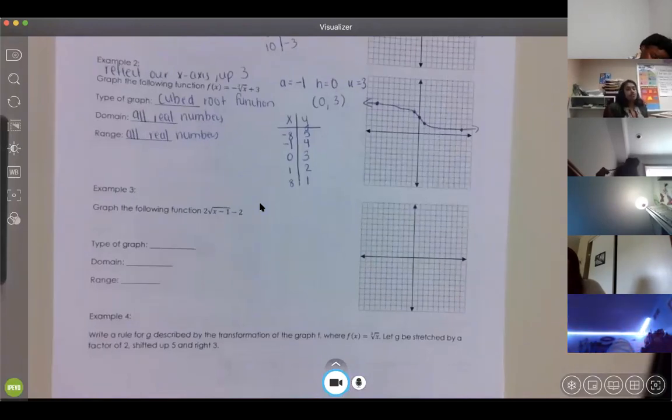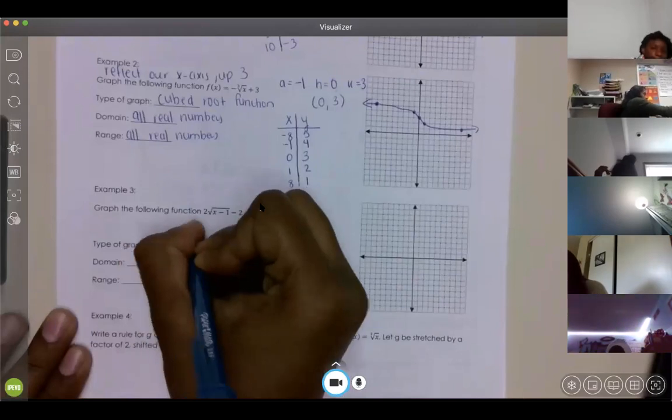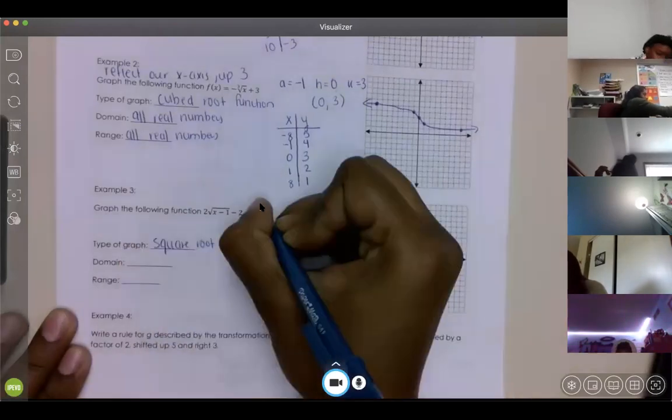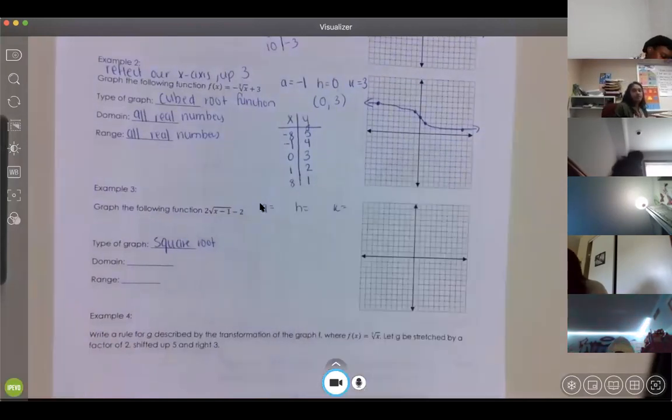All right, let's look at the last example, or last graphing example. Example 3, we've got 2 square root of x minus 1 minus 2. First question, what type of graph do I have, square root or cubed root? What do you think, Venus? Square root. Square root, good job. Next question, what's my A, what's my H, and what's my K? What do you have for me, Nancy?